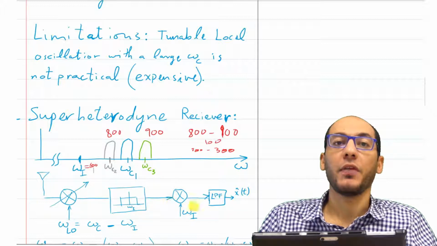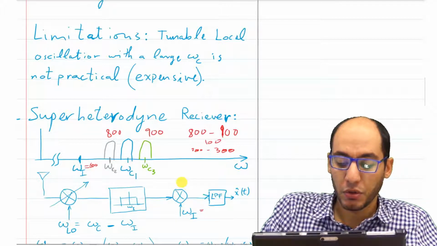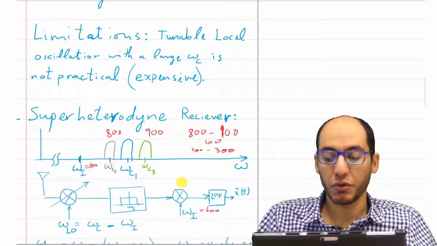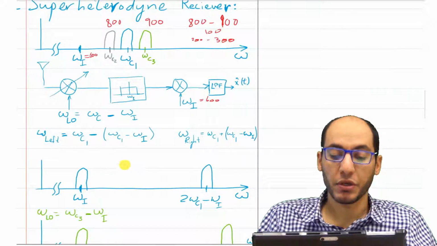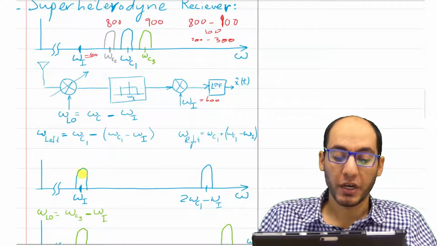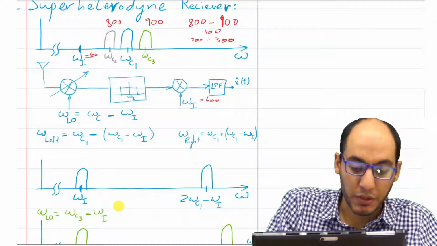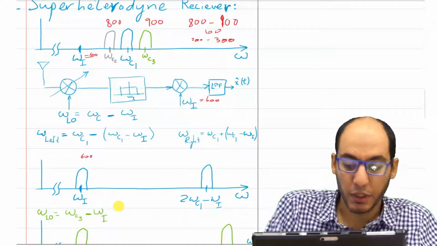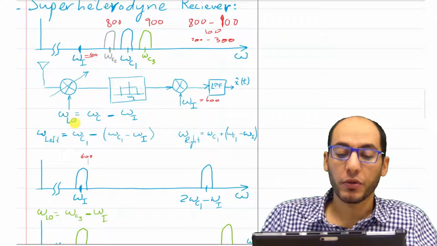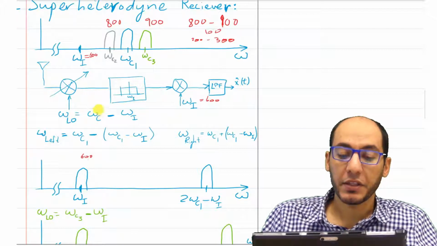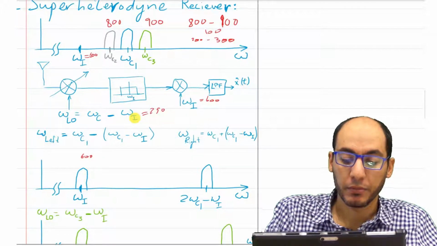And then after that, a fixed circuit, which is not tunable, where its value is equal to 600 kilohertz, is going to be shifting back from omega I to zero. Let's take this using plotting. So if I have omega I at 600, and I need to listen to omega c1 at 850, then in that case I'm going to put the local oscillator at 850 minus 600, which is equal to 250.